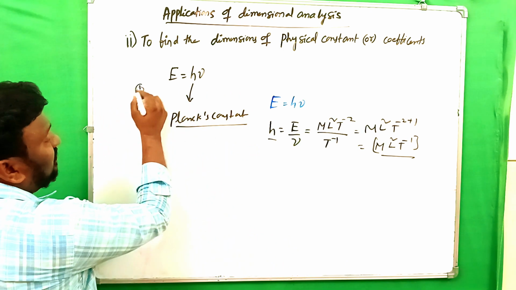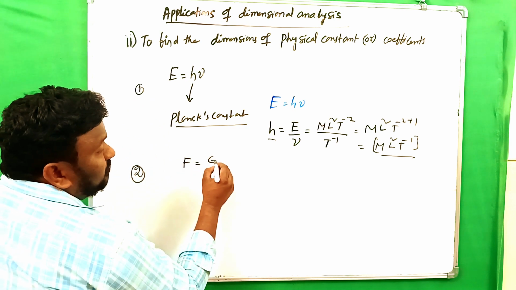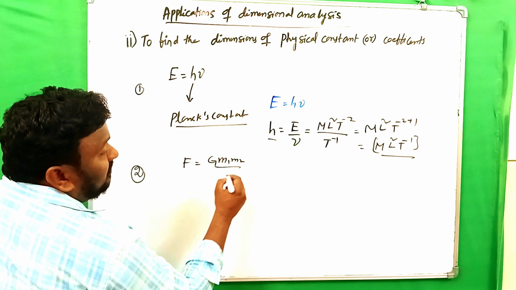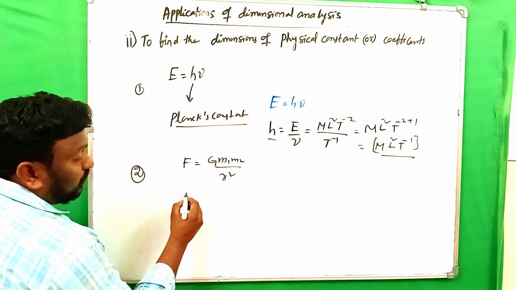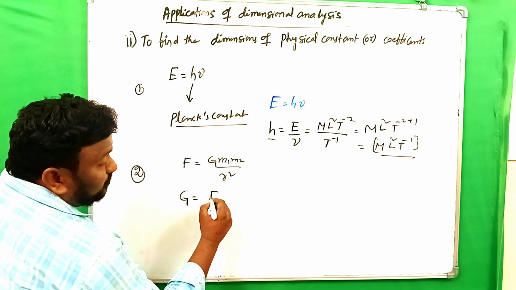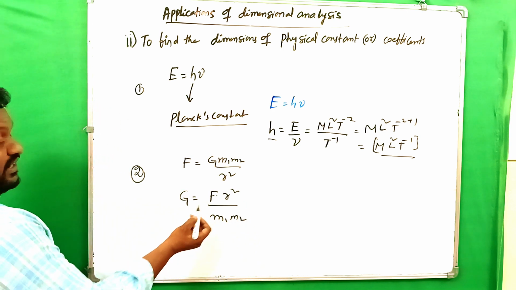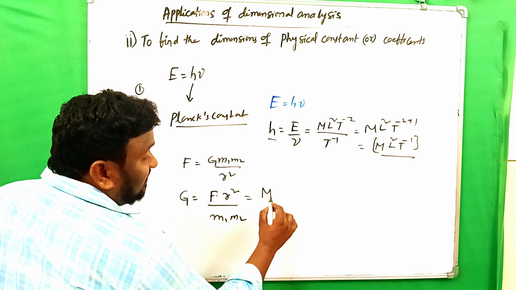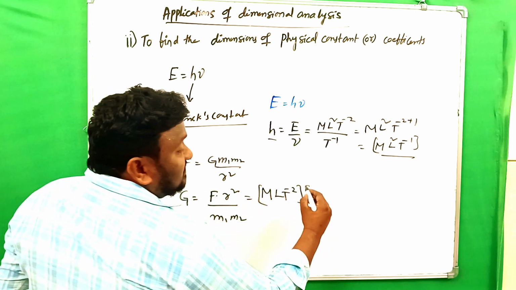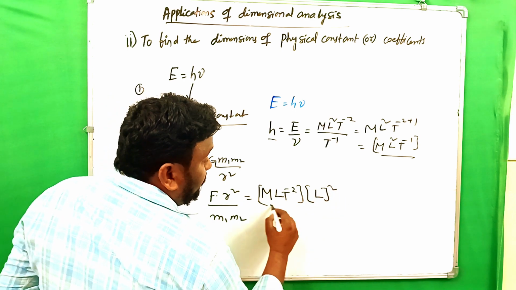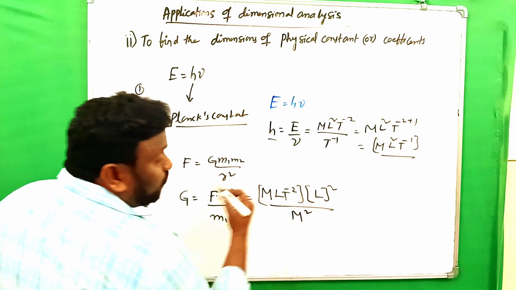This is one example. Let's go for another example. F is equal to G into M1 M2 by R square, the universal law of gravitation. According to that, G is equal to F into R square by M1 M2. Here F is force, and its dimension formula is M L T inverse 2, and R is distance, so L square, divided by mass square, capital M square.